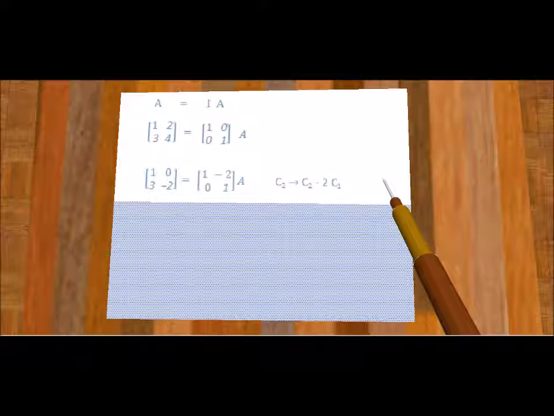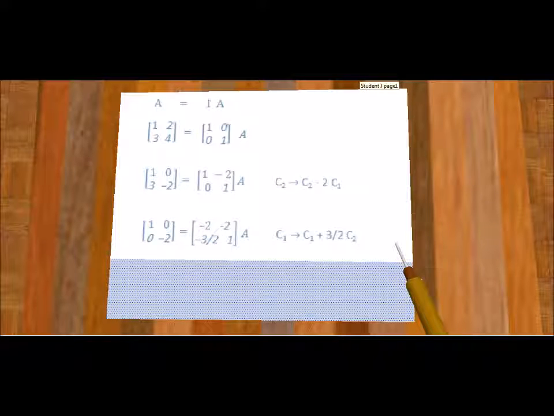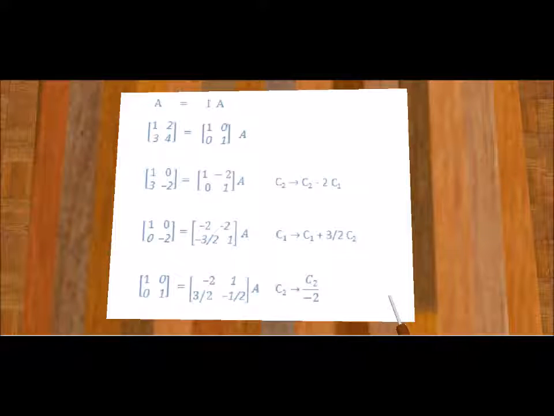Then I have 1, 0, and I have 3 and minus 2 on my second row. So I wanted to make this 3 as 0, so I applied my transformation C1 equal to C1 plus 3 by 2 C2, so that my 3 becomes 0, and I applied similar transformation on the matrix on my right hand side.